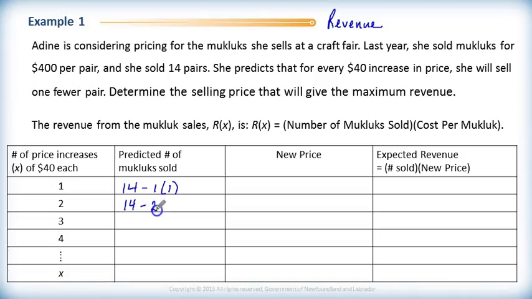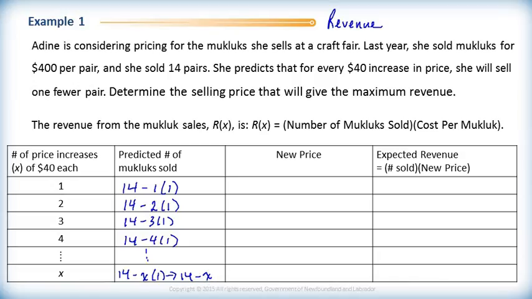If it was two price increases, it would be 14 minus 2 times 1 mukluks sold. For 3 price increases, 14 minus 3 times 1. For 4 price increases, 14 minus 4 times 1. Therefore, if it was X price increases, it would be 14 minus X times 1, which we would typically write as just 14 minus X.